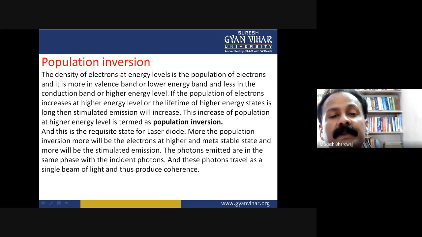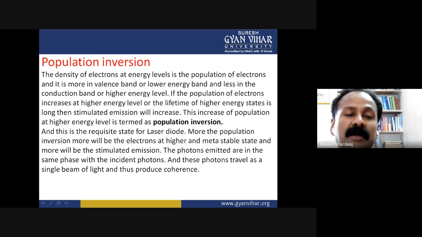The forward current at which gain becomes equal to losses is known as the threshold current, and the situation is called the threshold condition. So one situation comes in a laser when the forward current at which the gain becomes equal to loss is known as the threshold current, and the situation is called the threshold condition.